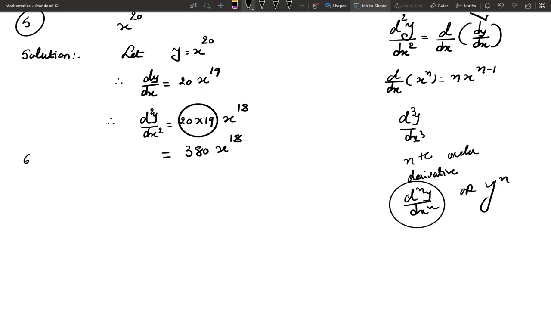Next one, y equal to x into cos x. Question is obtain second order derivative d2y by dx2.